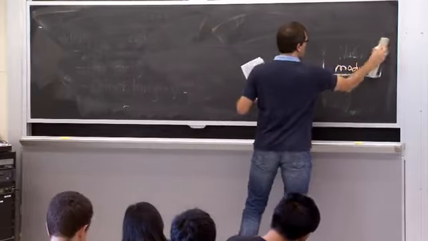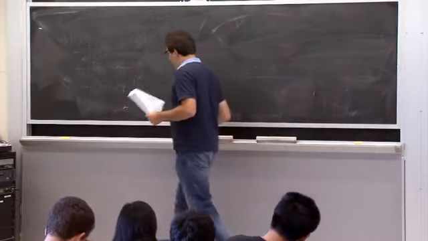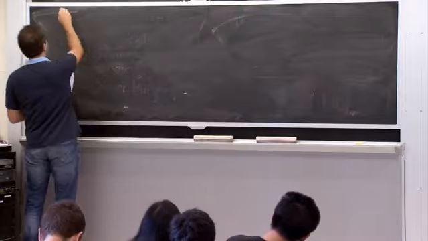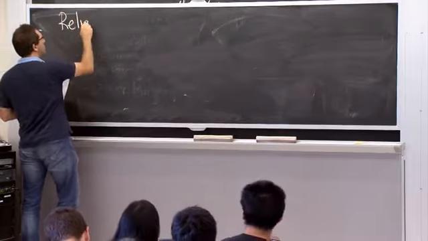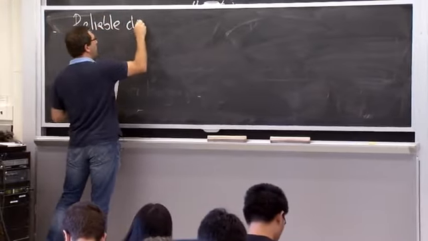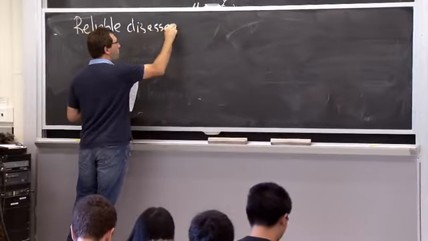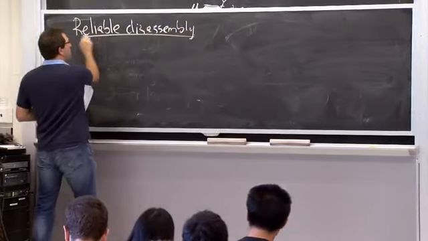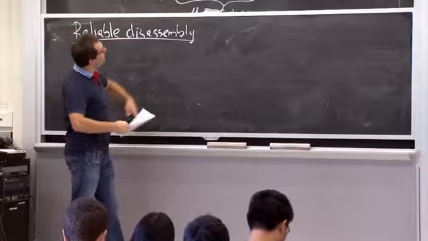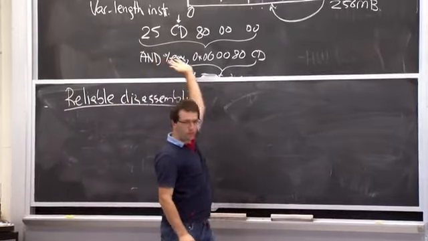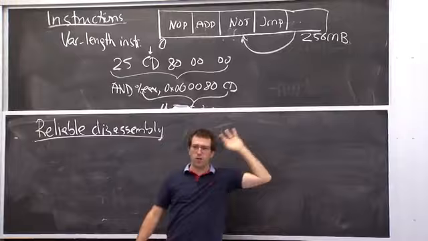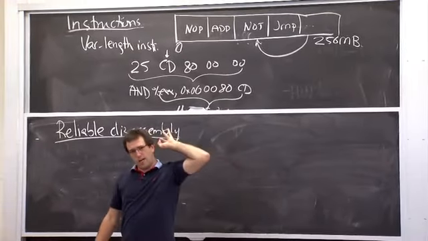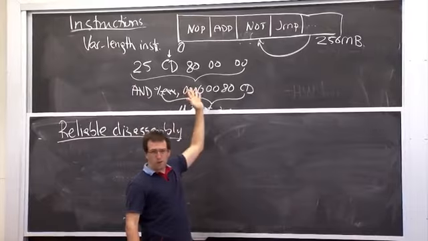So I guess one way to think of it is, how are we going to solve this reliable disassembly? In some sense, if we really do scan forward from the left to the right, and we look for all the possible opcodes, if that's the way the code executes, then we're in good shape.